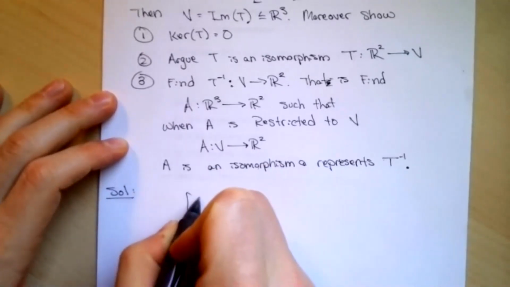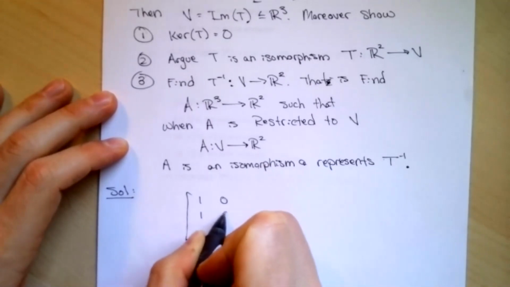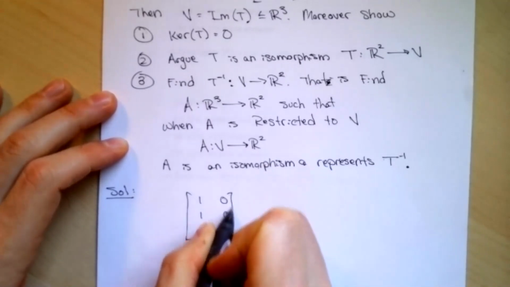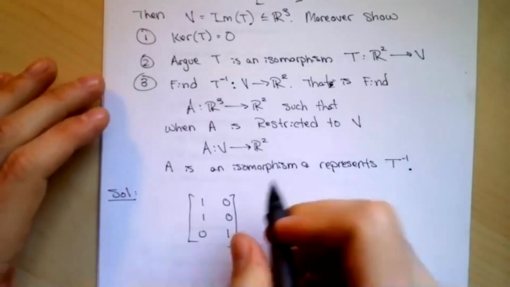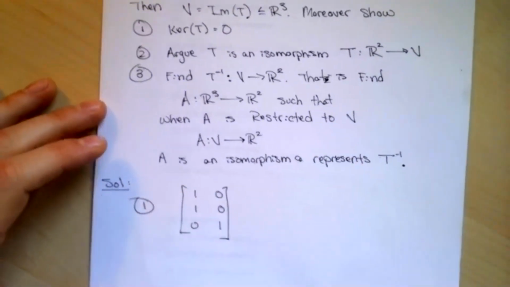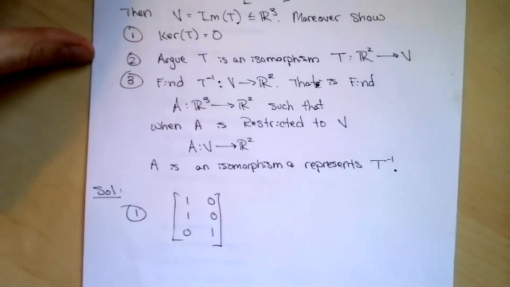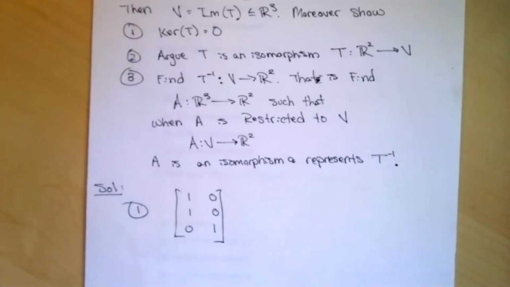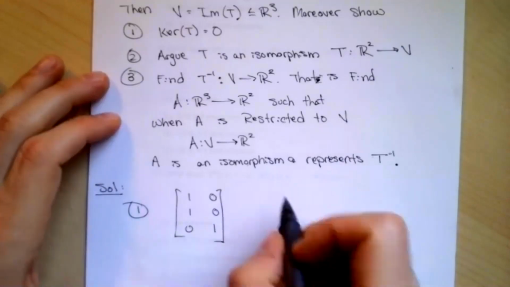So here's our matrix. We want to show the kernel of T is equal to 0. Any suggestions? There's two good ways to do this. We could do it explicitly.